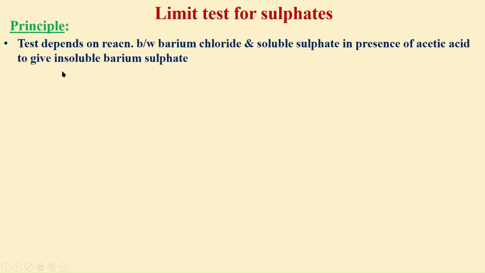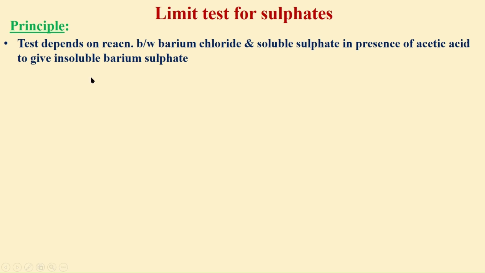This reaction is carried out in the presence of acetic acid. Overall, the principle behind the limit test for sulfates is the reaction between barium chloride and soluble sulfate in the presence of acetic acid to give insoluble barium sulfate, which produces an opalescence.